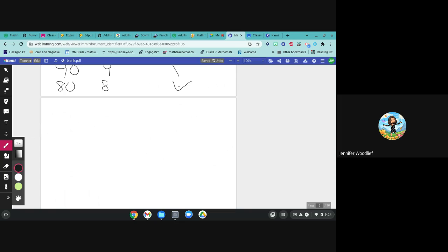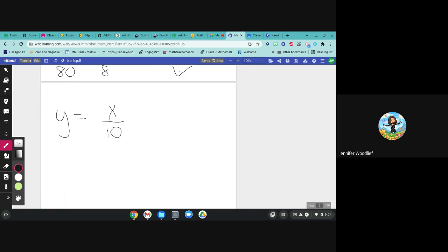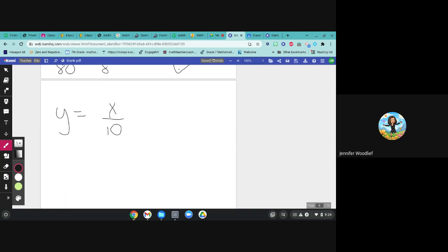Now, so right here I have y equals x divided by 10. Now remember, I don't like that division here. So what else could I do? I can rewrite it by multiplying by doing what? What's my coefficient in front of x?